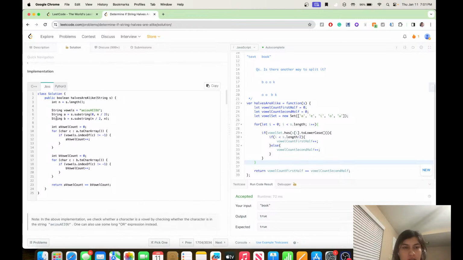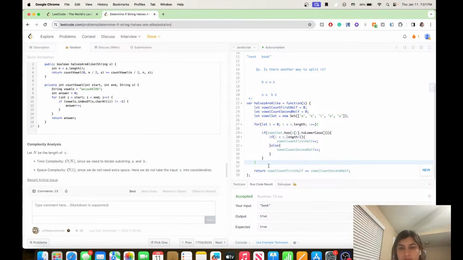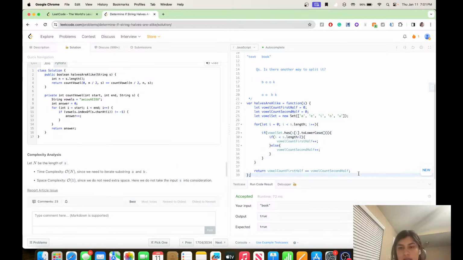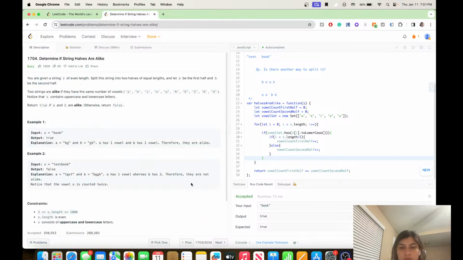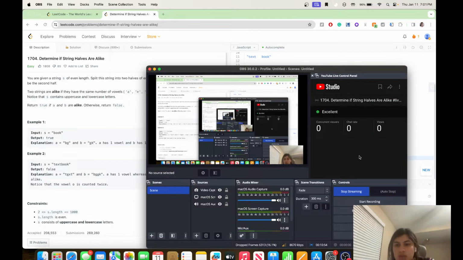Why would they do this? Okay, I think this is the optimal answer, because space complexity is O(1) here, and time complexity is obviously O(n). This is a super duper easy question.